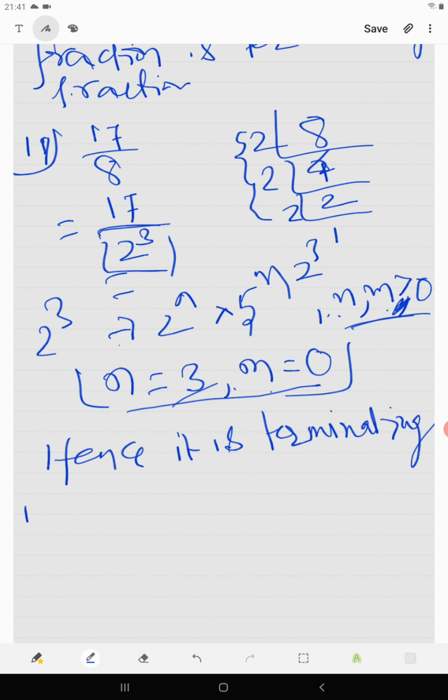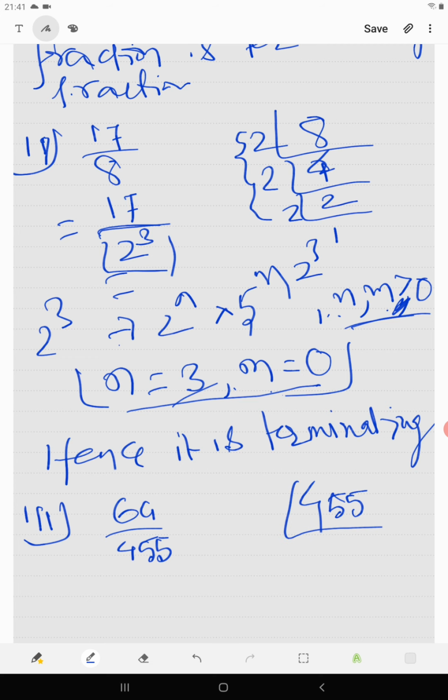Okay? Now, third one. Third one is 64 by 455. Okay? So, 455, let's do LCM. So if we are doing LCM, since you see this, the unit digit is 5, so it will be divisible by 5. So 5 9 ja 45 and 5 1 ja 5. Now 91 is there.